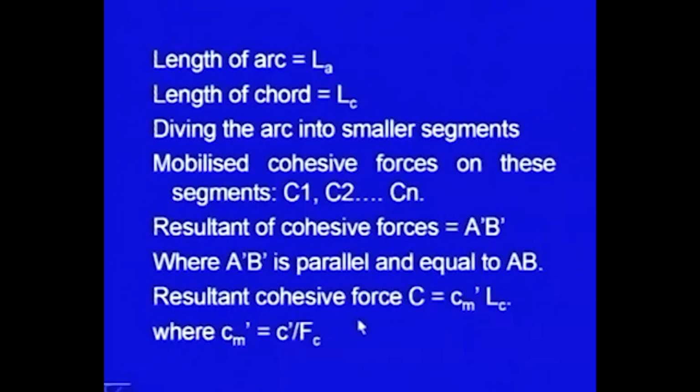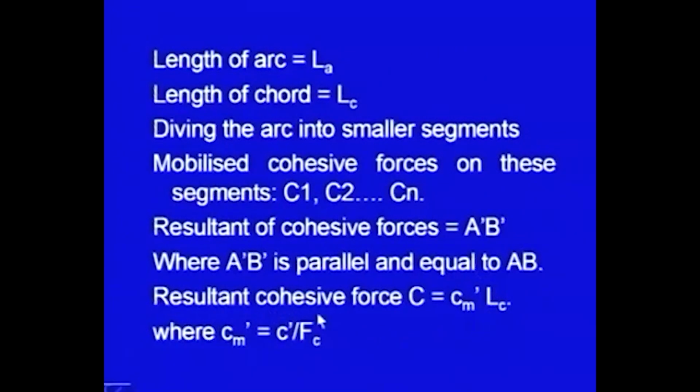The resultant of all these cohesive forces, C, will be equal to Cm'. Cm' is the mobilized cohesion in effective terms into length of chord, because its magnitude is available with us.